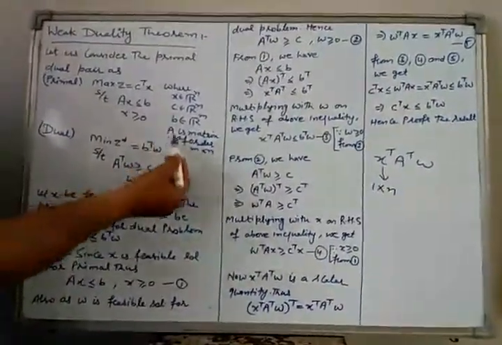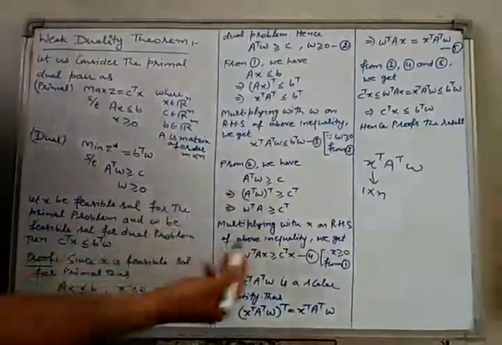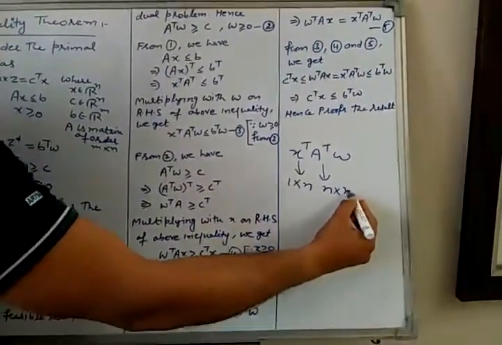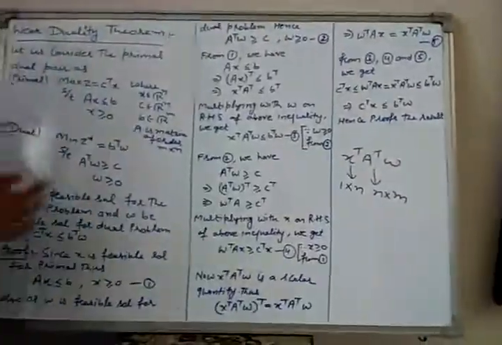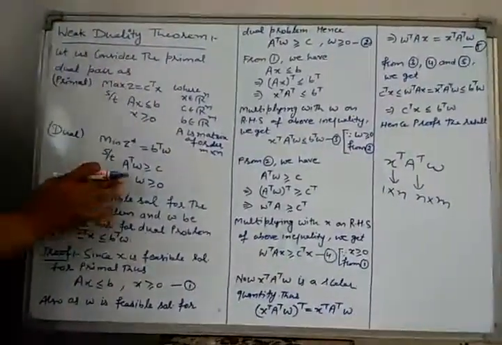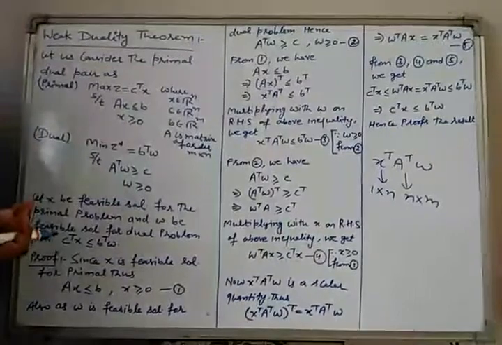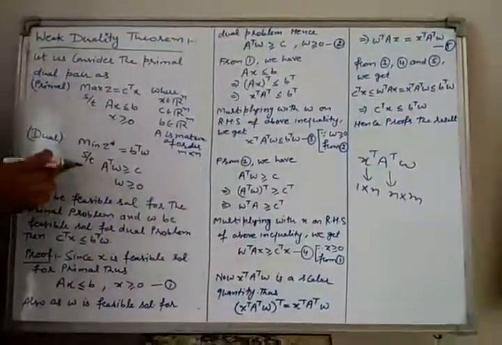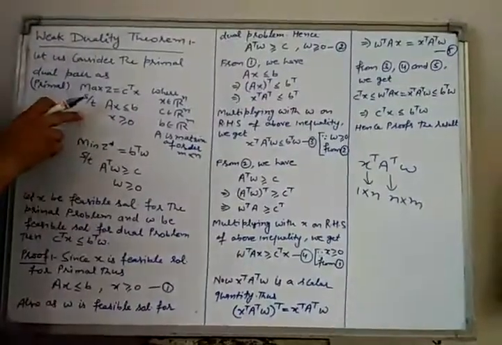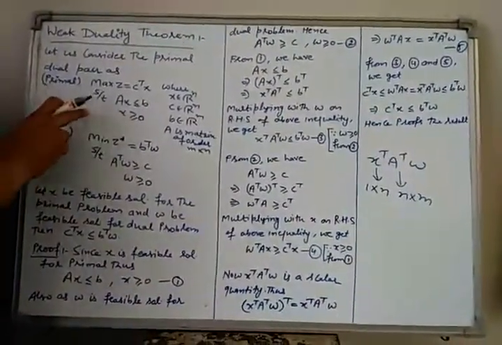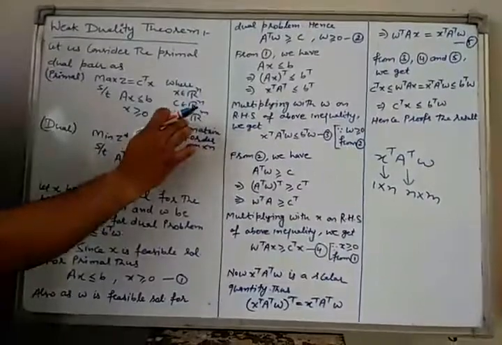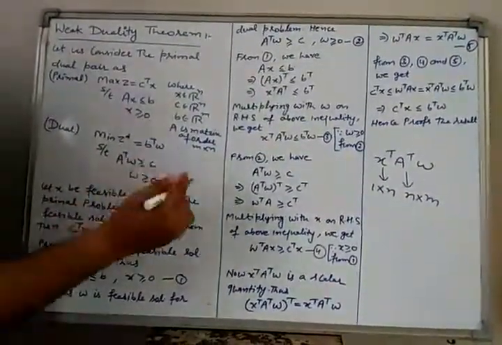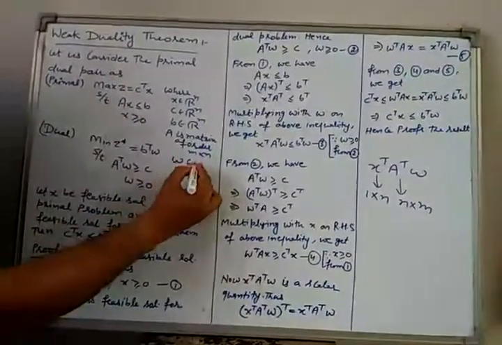Therefore, A transpose is a matrix of order n cross m. Now, what are W? W are the dual variables, and we know the concept that the number of dual variables is equal to the number of primal constraints. As the number of primal constraints is m, the dual variables are also m. That is, W is an m-dimensional vector.